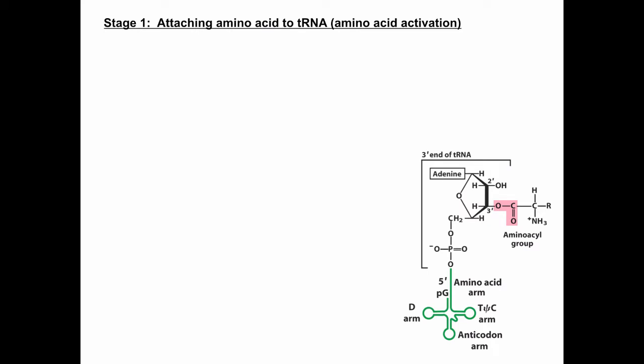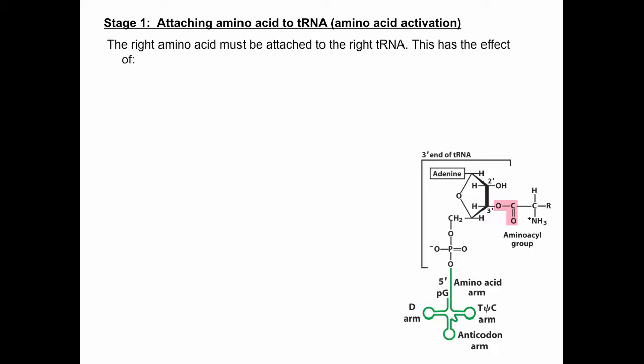So first we're going to talk about the actual process of attaching the amino acid to the tRNA, also known as amino acid activation. You have amino acids, and then you have these specific tRNAs, and you always have to make sure that the correct amino acid is attached to its cognate or specific tRNA.